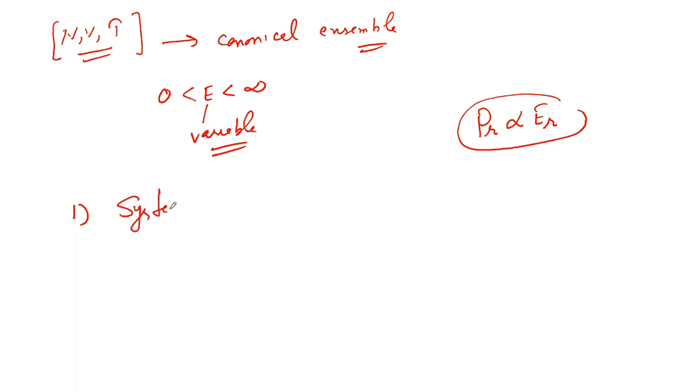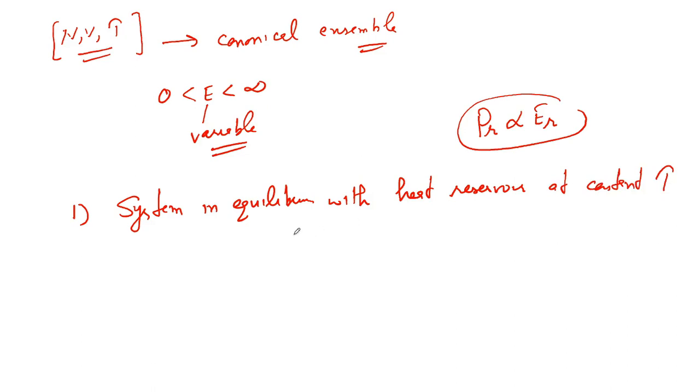So if we keep the system in equilibrium with a heat reservoir at a constant temperature T, then we will study the statistics of the energy exchange between this heat reservoir and the system.